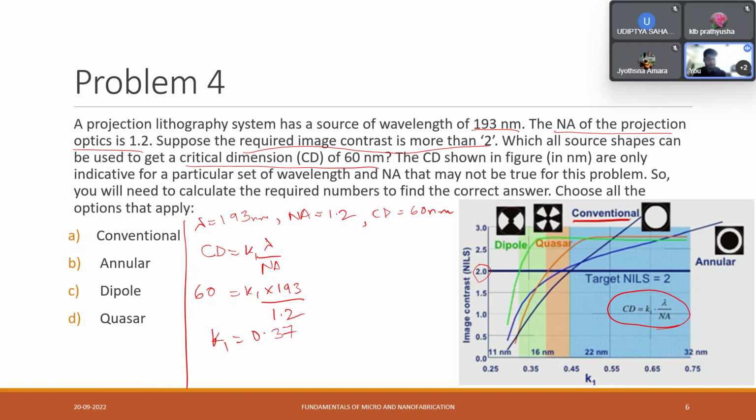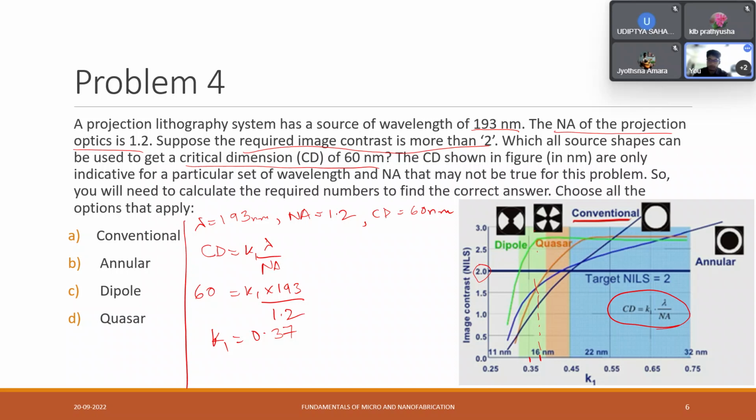So now you can see that around 0.37, which is the ideal source for getting an image contrast of more than 2? From the diagram you can see that this is 0.35, this is 0.45, and this 0.37 might be lying nearly here. So here we see that this region is dipole.